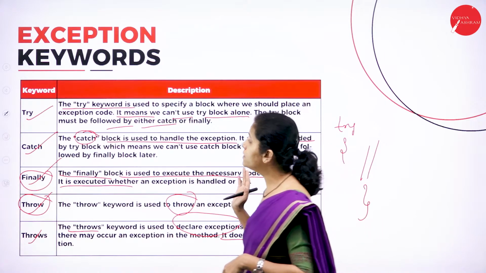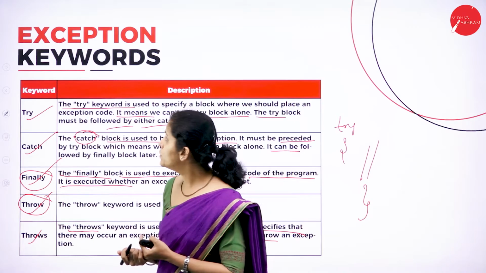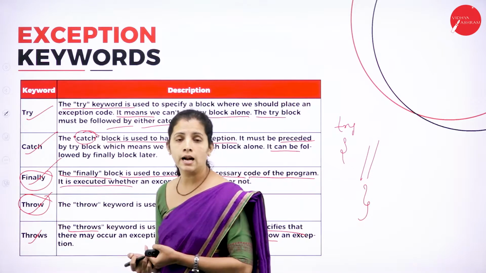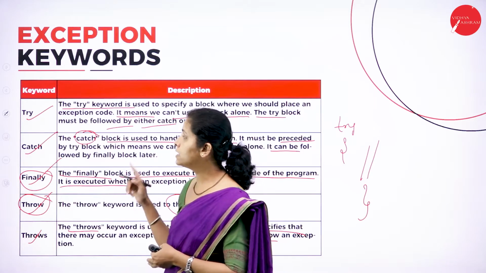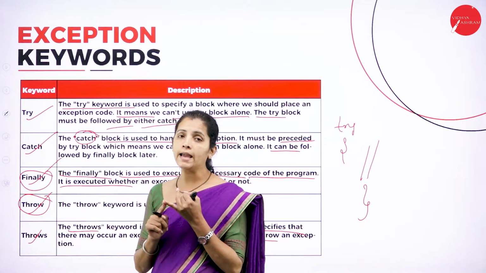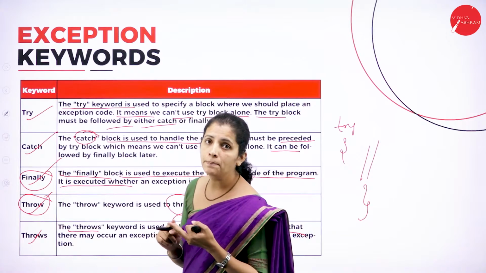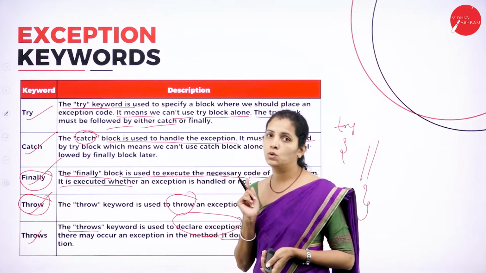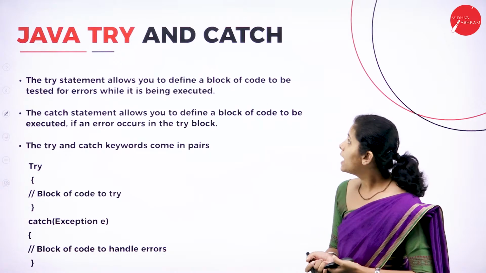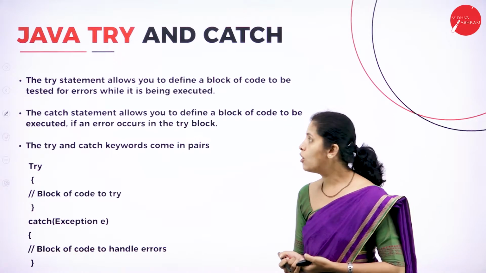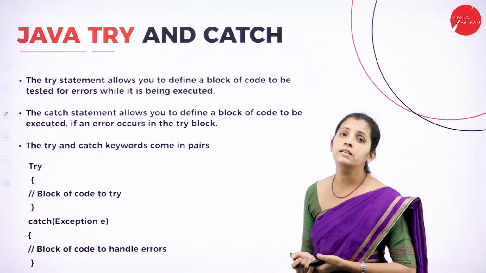So dear student, from the examination point of view, the keywords that come under exception handling are very, very important. And what are the keywords? try, catch, finally, then throw and throws. At the beginning, I have the try and catch block. So what is this try? It's a keyword.